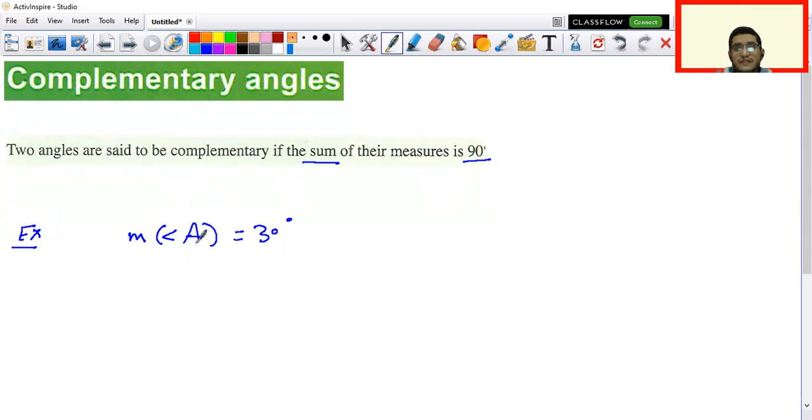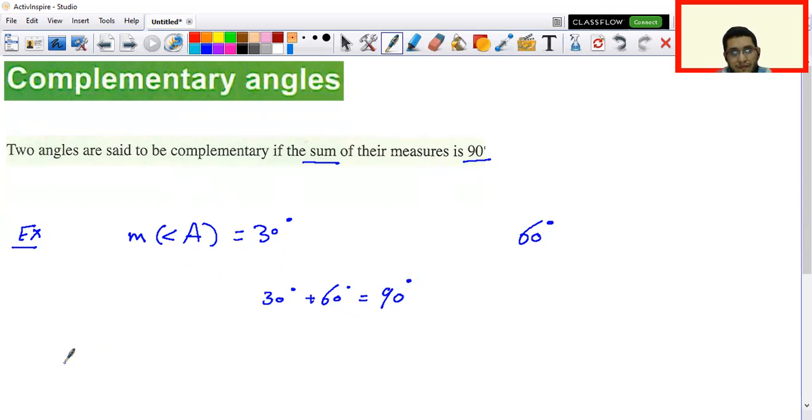The complementary angle of angle A equals 60 degrees, because 30 degrees plus 60 degrees equals 90 degrees. This is the meaning of complementary angles. The sum of the two angles is exactly 90 degrees.